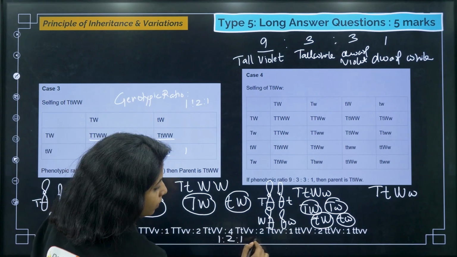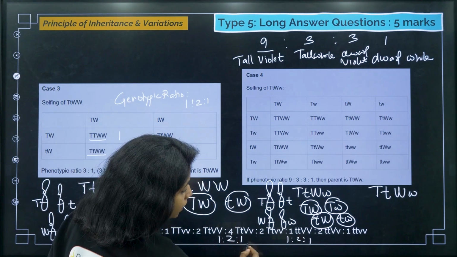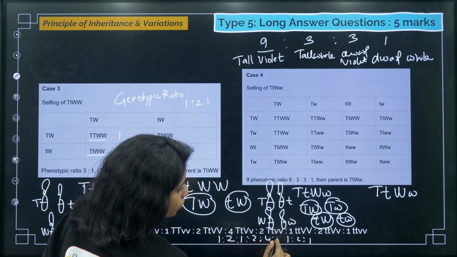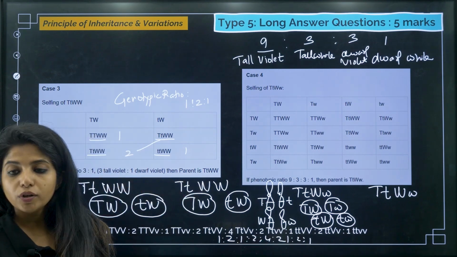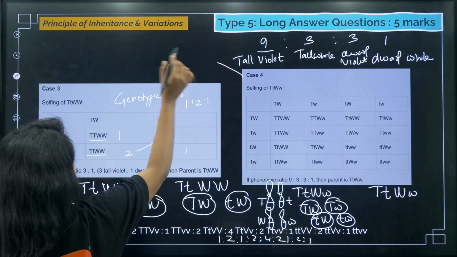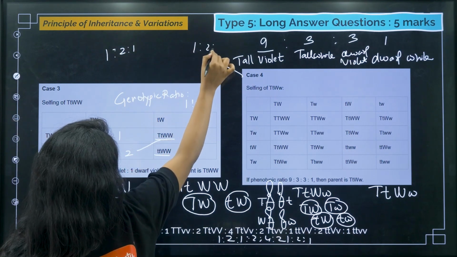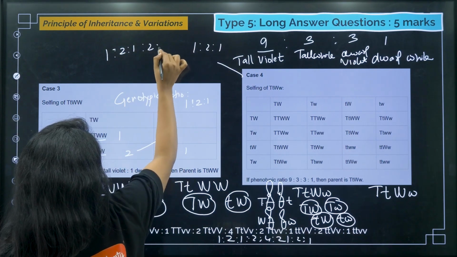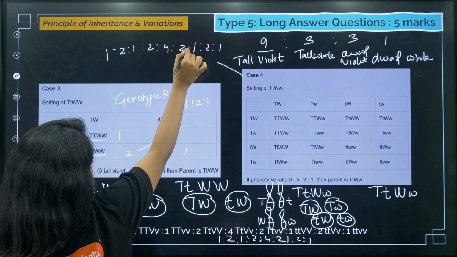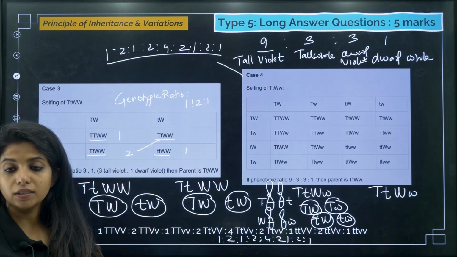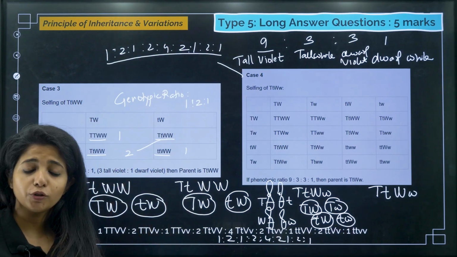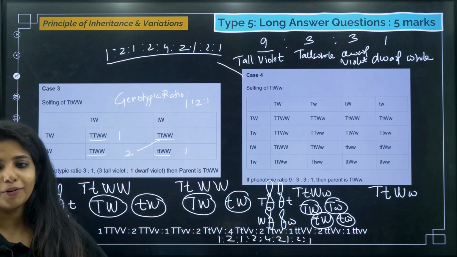It is 1:2:1, 1:2:1, and in between just put 2:4:2. Again I'll explain. Put 1:2:1, 1:2:1, then double it in between, 2:4:2. This one is the genotypic ratio for the F2 generation of a dihybrid cross, and this is the dihybrid cross.